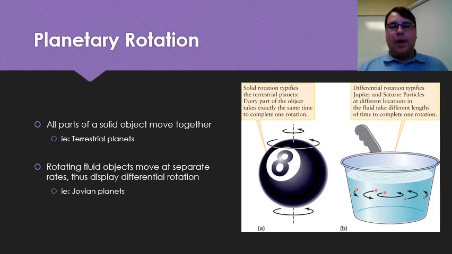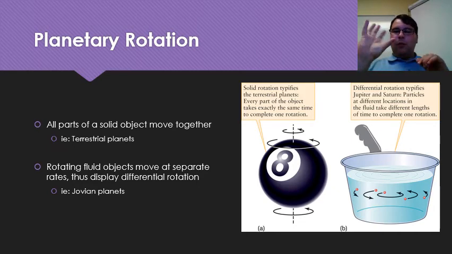Okay. Now, here's the crazy thing. When we're looking at these gas giants, when we start talking about those in a moment, gas giants like Jupiter, Saturn, etc., do not have solid rotation because they are not solid. They are not even physically connected, except that they are gases. Gases are very fluid.